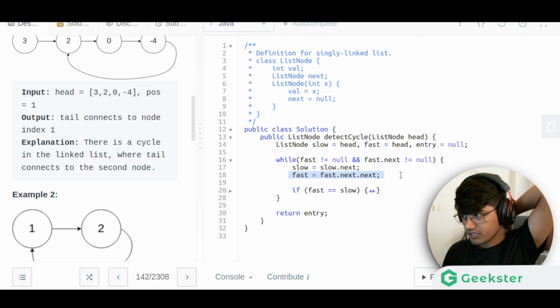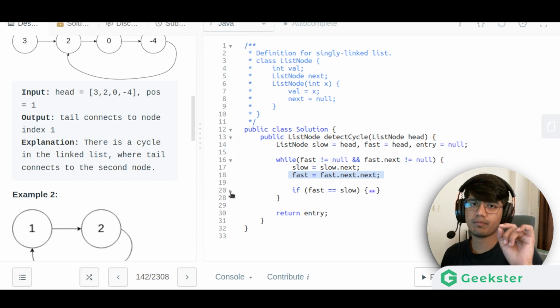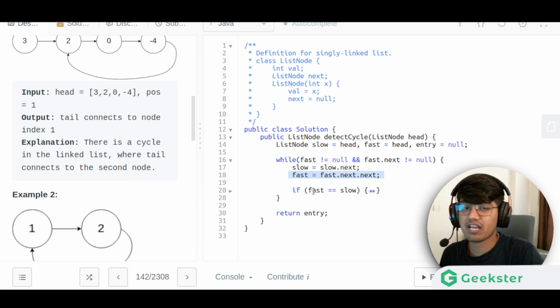After this, we check if fast is equal to slow. Whenever fast equals slow, the first step has been completed.